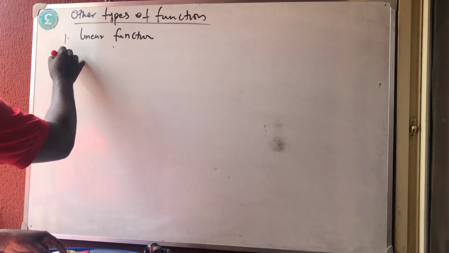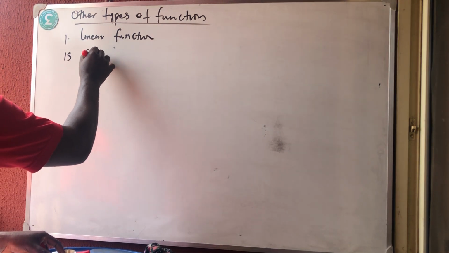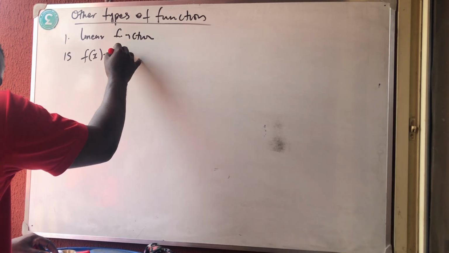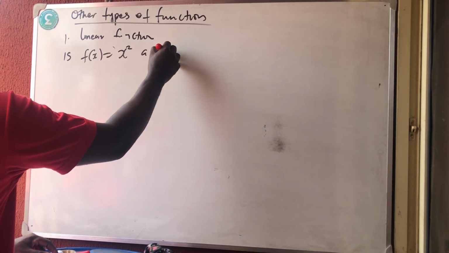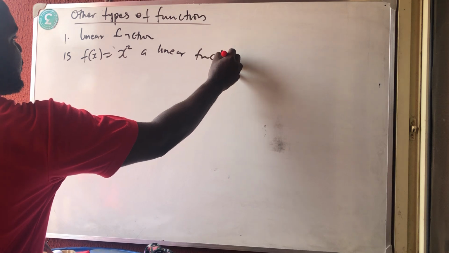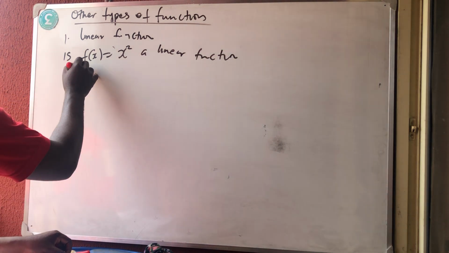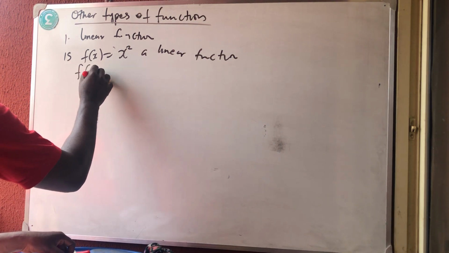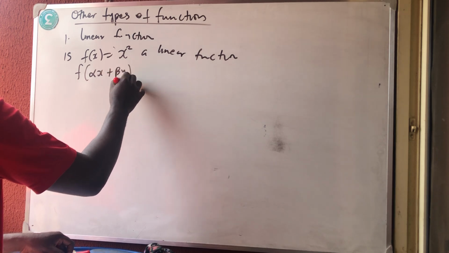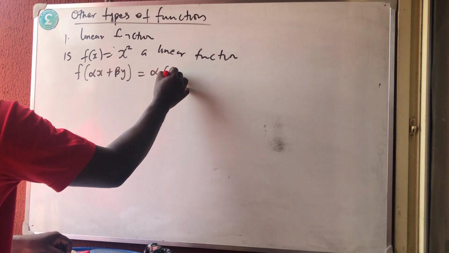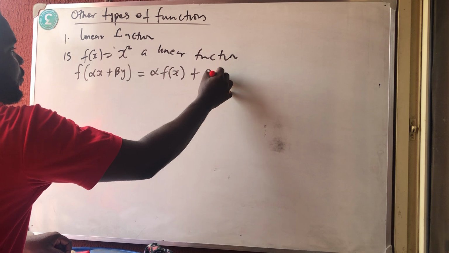One more example is f of x equals x squared. Is it a linear function? Let's check that. We want to check that f of alpha x plus beta y will give us alpha f of x plus beta f of y.